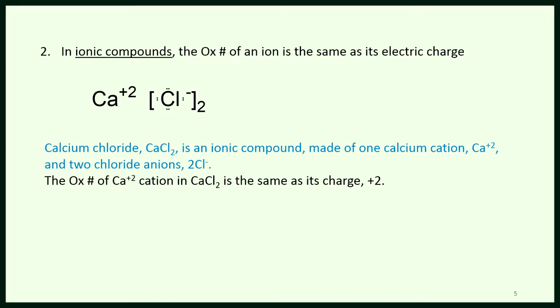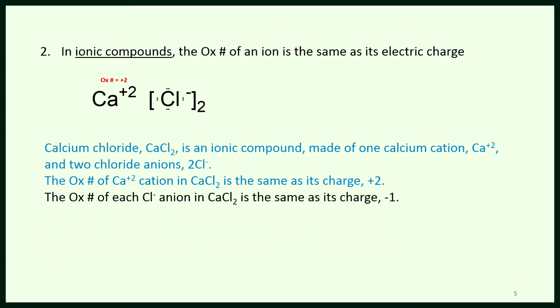The oxidation number of the calcium +2 cation in calcium chloride is exactly the same as its charge, +2. The oxidation number of the chloride anion in calcium chloride is the same as its charge, -1.